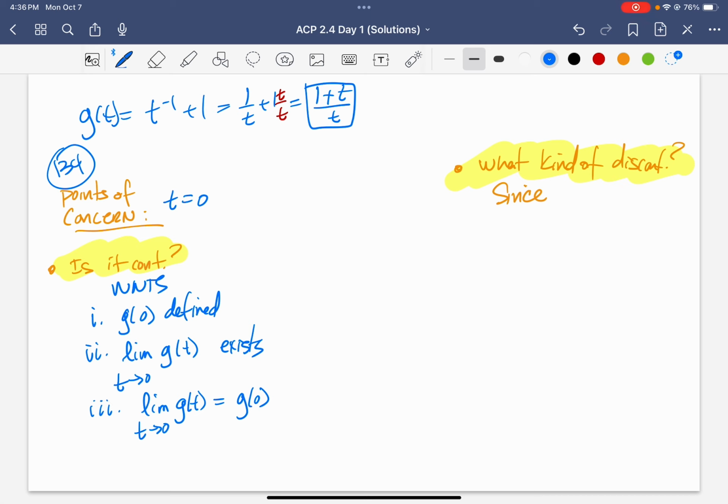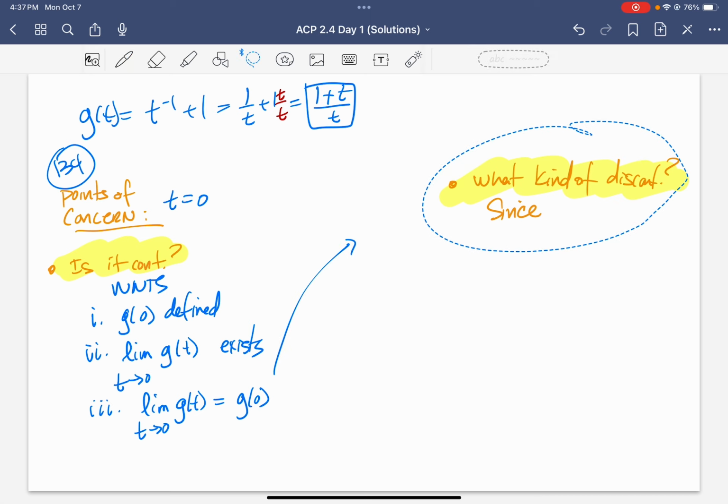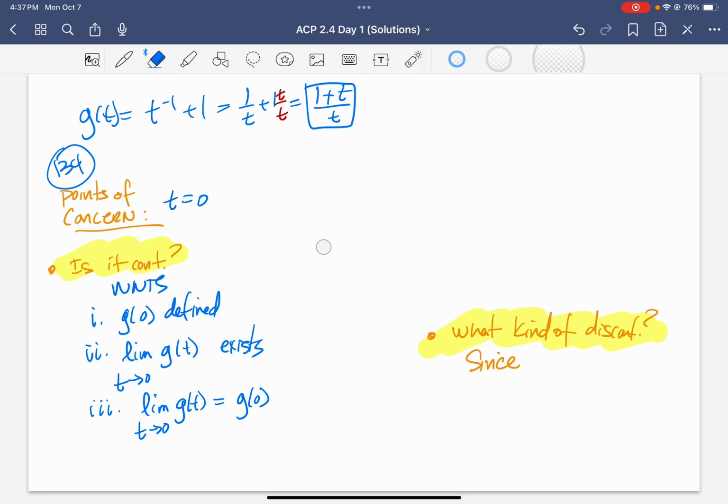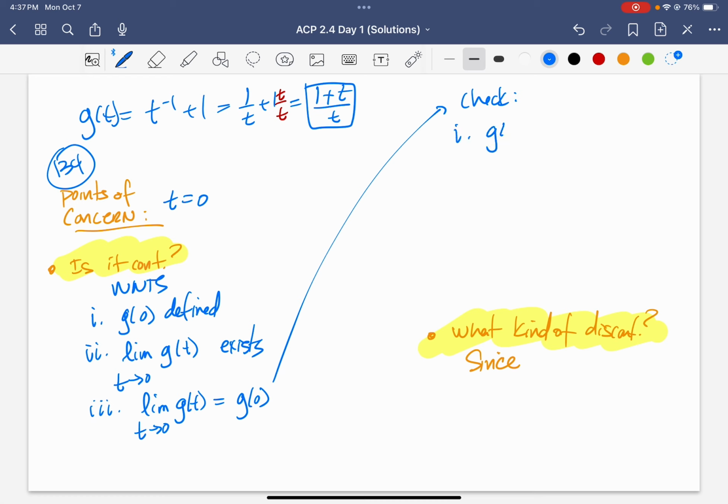So I'm now going to come up here. Let me move this down. And maybe I move it all up here. All right. Now I'm going to check. Number 1. So I plug in 0. I say, look, g of 0 is 1 plus 0 over 0. So I get 1 over 0, which is a constant over 0.